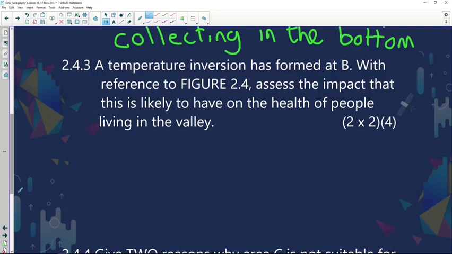So a temperature inversion is formed at B. How is it going to impact the health of people living in the valley?